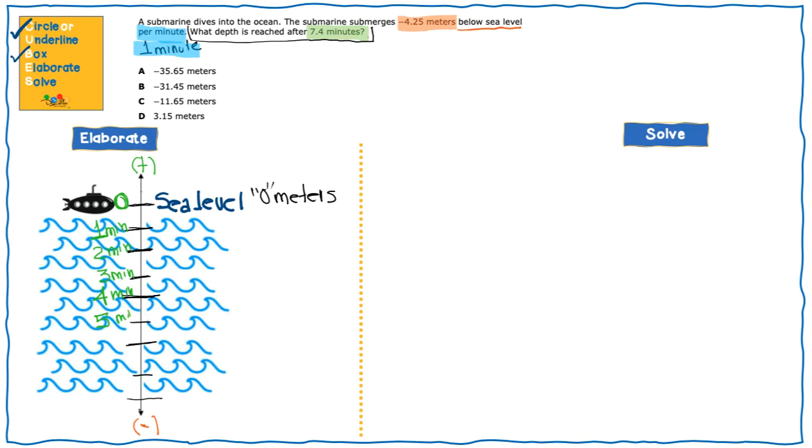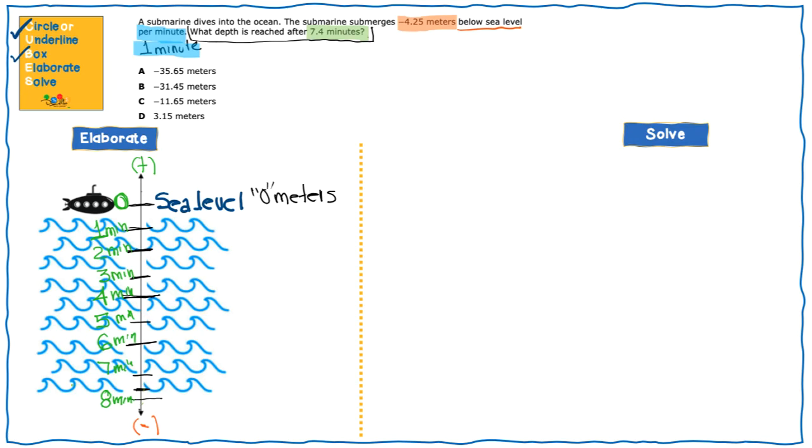Can you please help me to count? Thank you. 3 minutes, 4 minutes, 5 minutes, 6 minutes, 7 minutes, and 8 minutes. Awesome. But the number that we're looking for is 7.4. So this line here, I think, will represent 7.5.